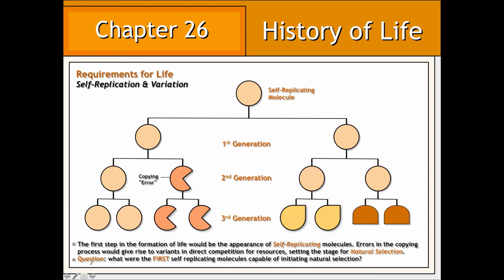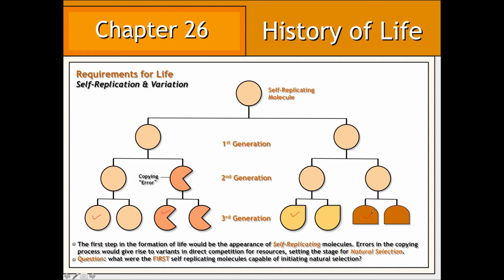whereupon we should expect a wide array of variants to appear, all in direct competition for one another for vital resources. This undoubtedly would have set the stage for natural selection.